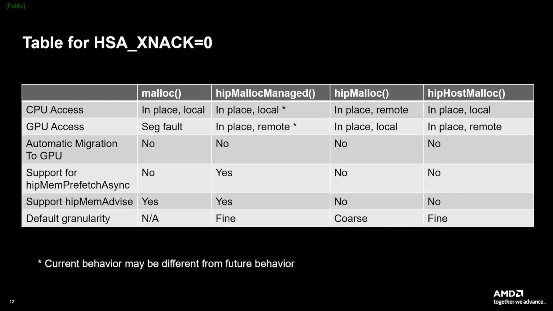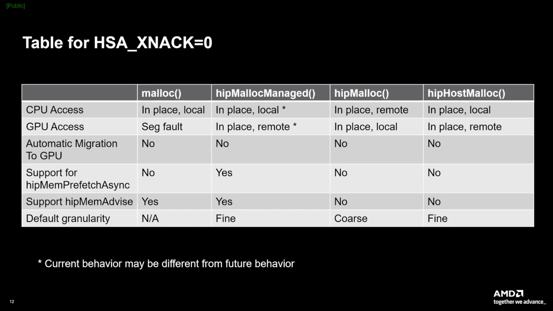So here in this table, we're showing 4 different memory allocators. So what happens when we use this memory and it doesn't migrate?